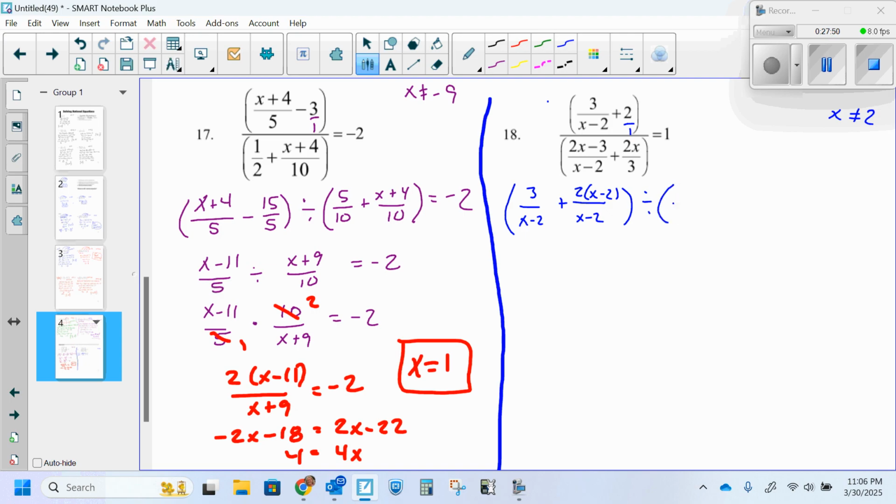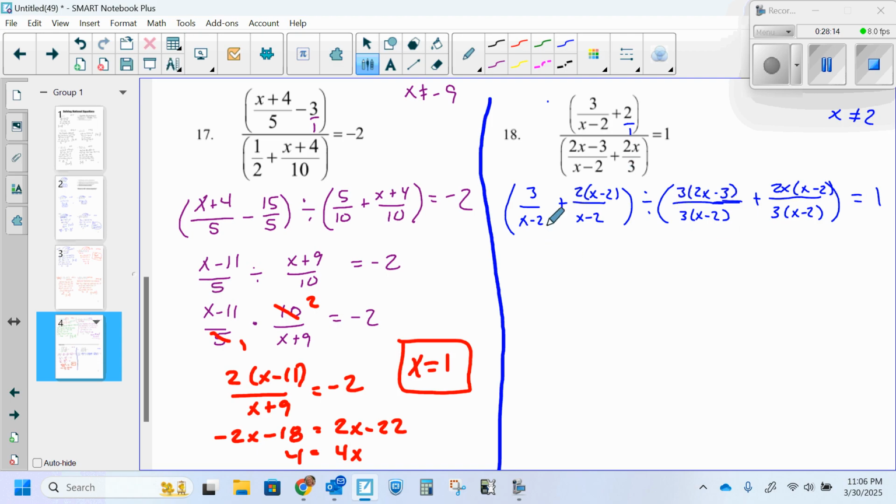On the bottom, the common denominator is 3 and x minus 2. So I have the 3. I need to multiply the top and the bottom by x minus 2.